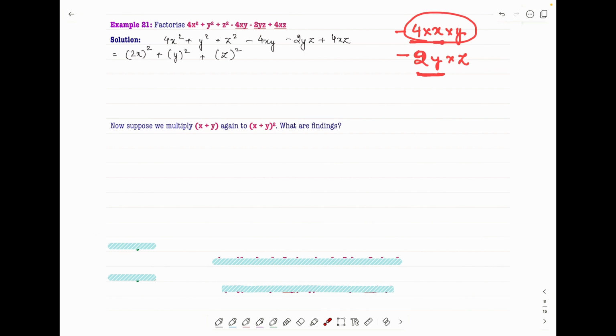If x is negative, y should not be negative, because if x is negative and y is negative, this will become positive. So ultimately either x or y is negative. Here also either y or z is negative. If x is negative, that means y is not negative.